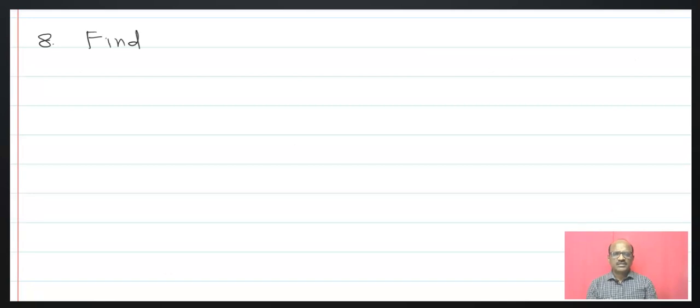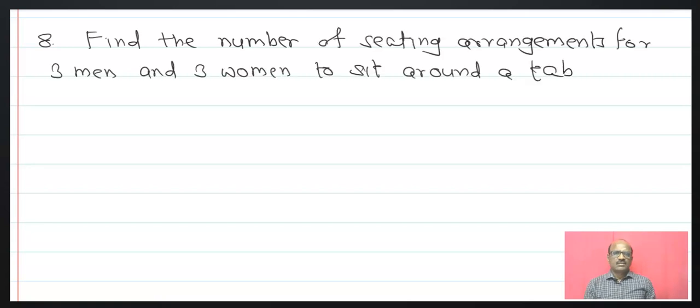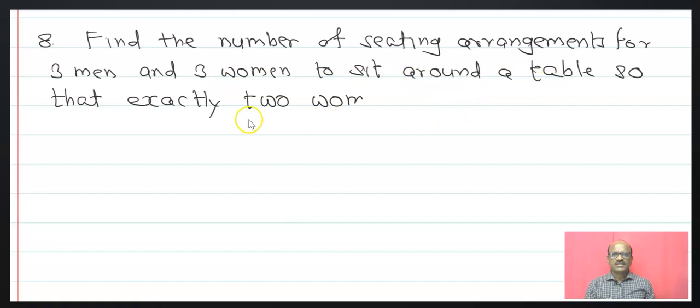Next is question number 8. Find the number of seating arrangements of 3 men, 3 women to sit around a table so that exactly 2 women are together.